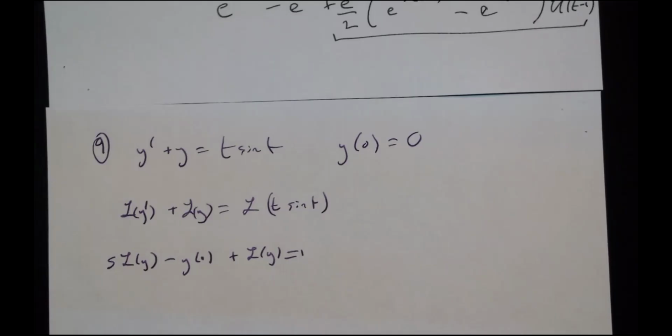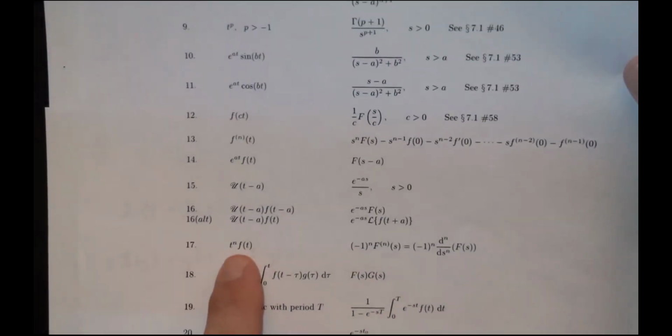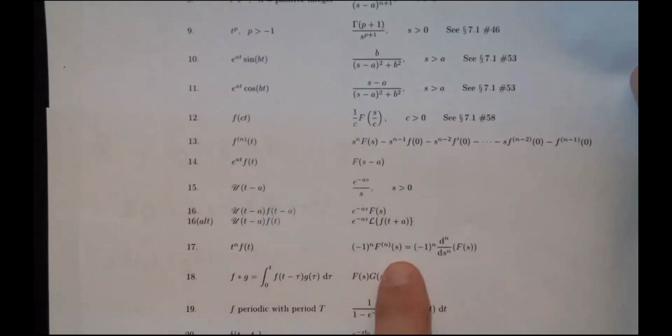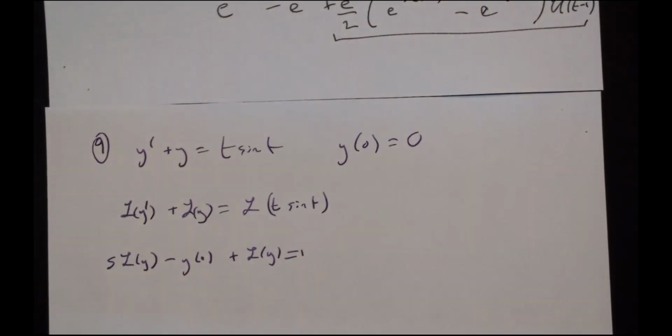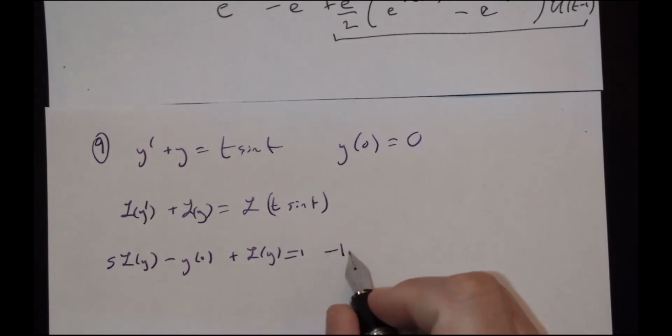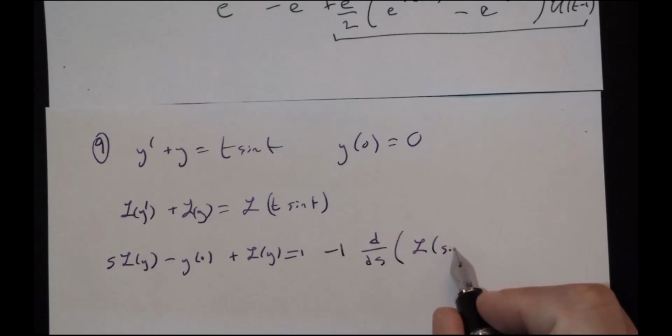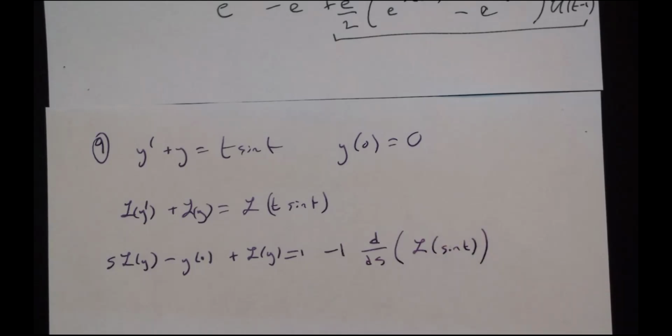Formula number 17. When I have an extra t, I'm going to take a derivative over here. So I should be taking -1 times the first derivative of the Laplace transform of sine t.